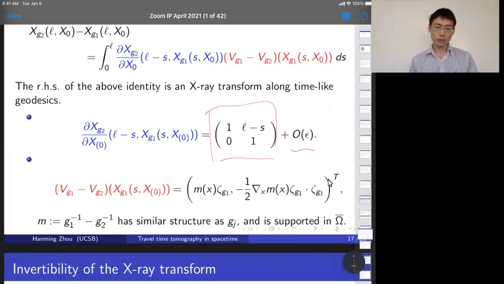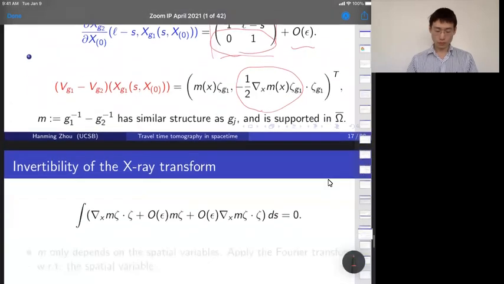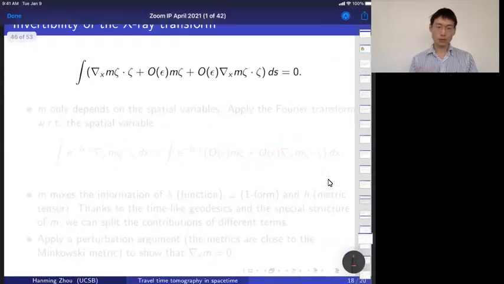Because our metrics are stationary, this gradient is only with respect to the spatial variable. So we can use this integral identity and take only part of it: the lower part of this weight with the second part of this gradient.